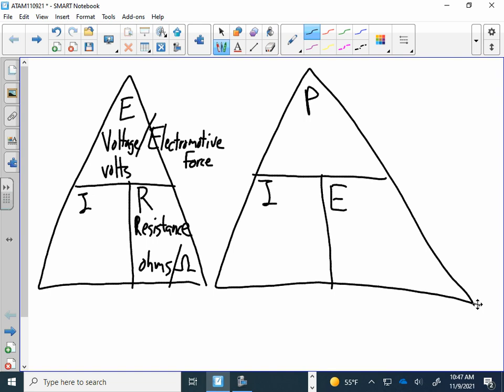Then we have I. I is the current. Flow of electricity. Another name for current is amperage. Amperage is measured in amps, which is actually short for amperes.